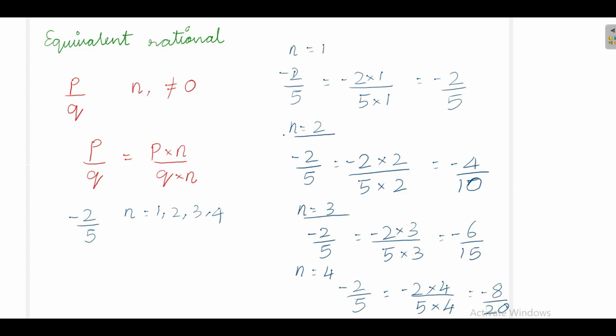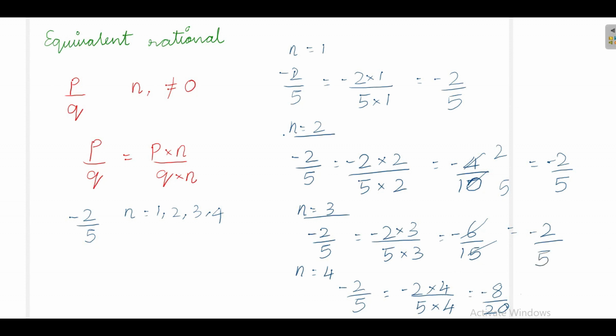Because if you simplify them, or write them in the standard form, then we'll see what happens. See, what is common? 2, right? This is nothing but 2 2s are, and this is nothing but 2 5s are. So your minus 4 by 10 is again equal to minus 2 by 5 when you simplify, right? Again this one is also 3 2s are 6 and 3 5s are 15.